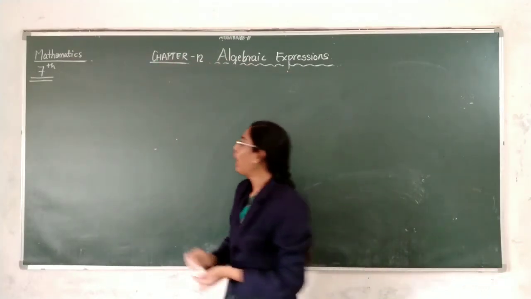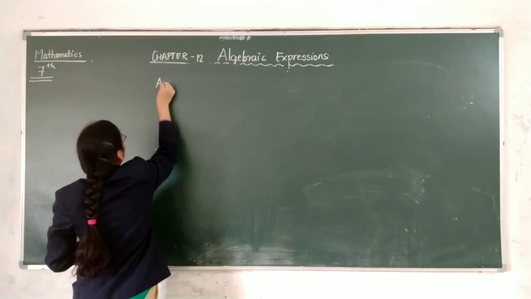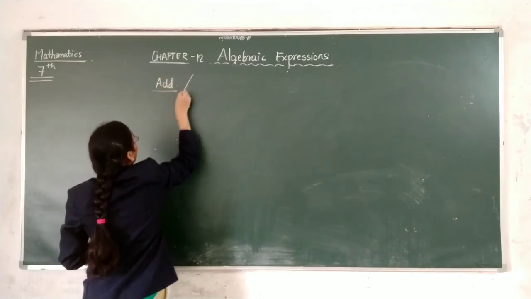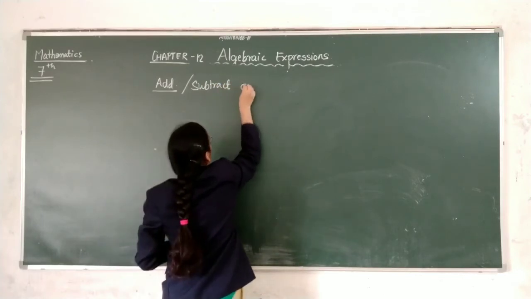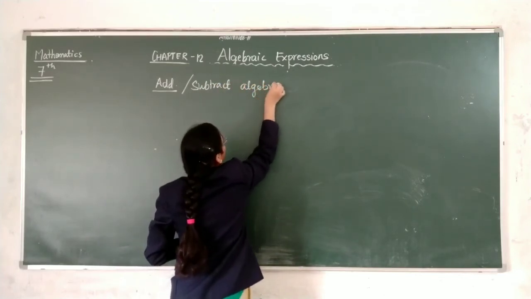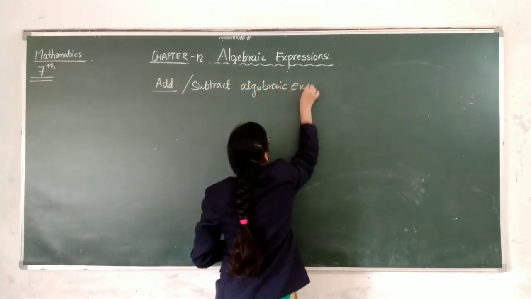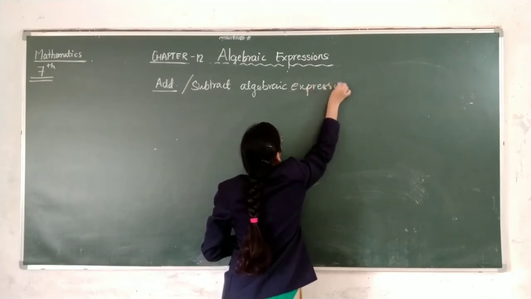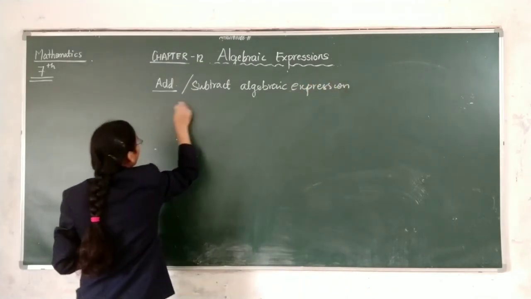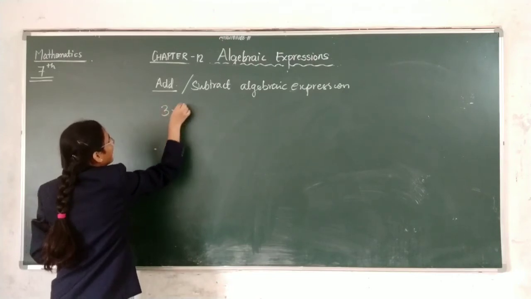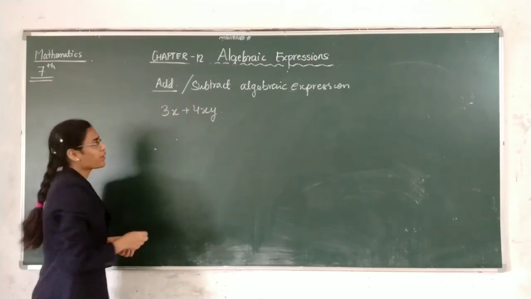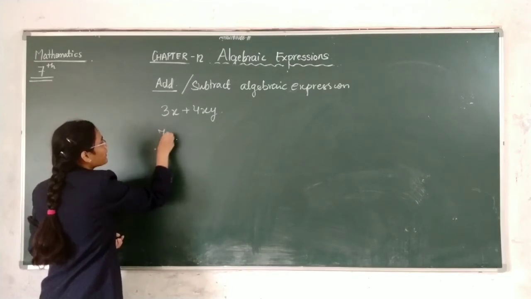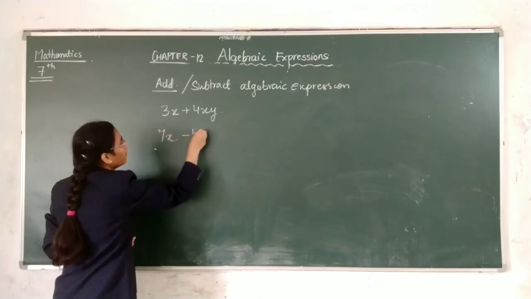Now, how we can add or subtract algebraic expressions. Suppose we are given two algebraic expressions, 3x plus 4xy, this is our first expression, and the second expression is 7x minus 5xy.